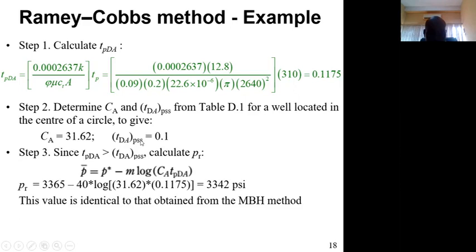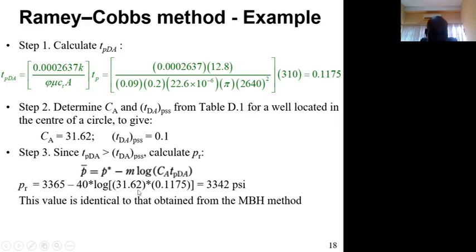You read off the time to the steady state from the fifth column of table D1. If you compare, of course, 0.01175 is greater than 0.1. Therefore, the second relationship is used, the one that involves the shape factor. And all you need to do is substitute the values. This is your false pressure, 3365. It's the same thing for the MDH and the Ramey and Cobb method. m is the slope of the Horner plot.